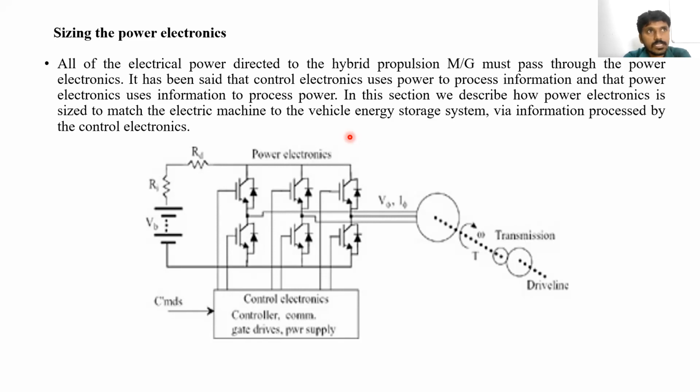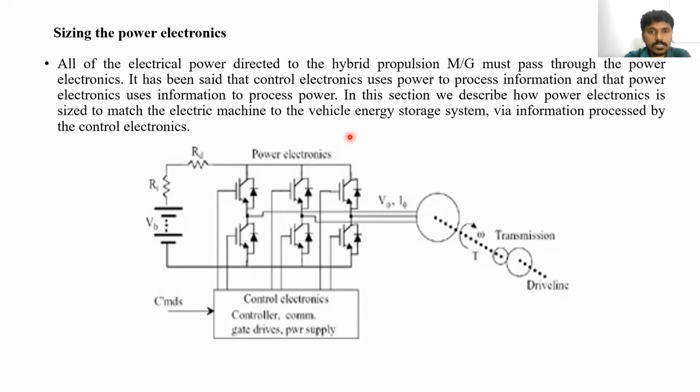But from this battery we cannot give the direct supply to the motor. We can give the direct supply from the battery to the electrical motor, but the speed cannot be controlled.